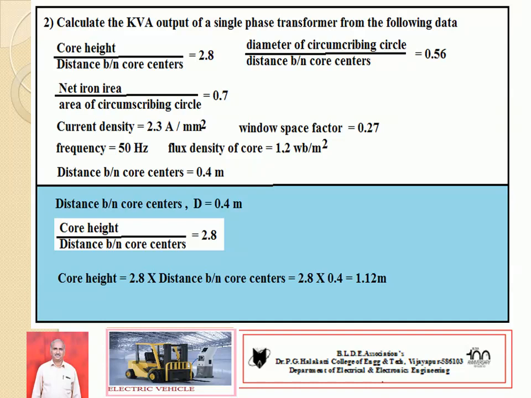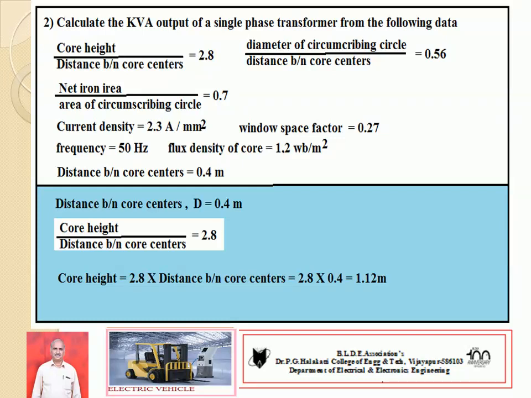So before starting the problem, you have to write down the given data. It is the best practice for solving machine design problems. What are the given things? You write them down with symbol representation.